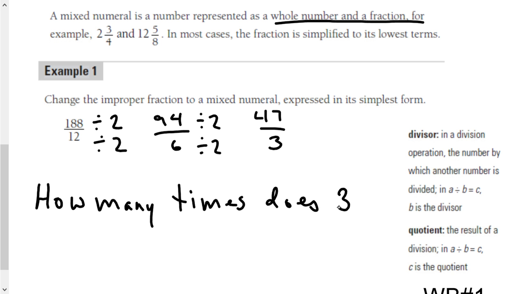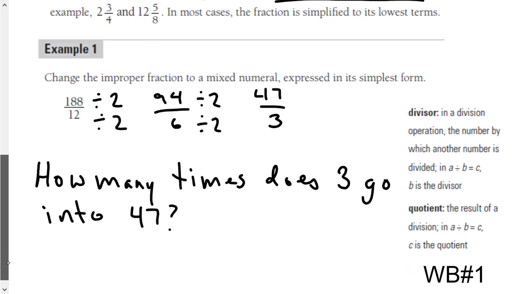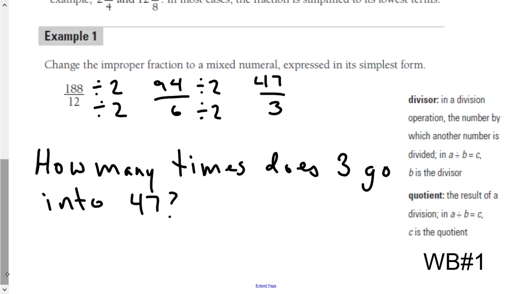If we go 47 divided by 3, we get 15.67 repeating.